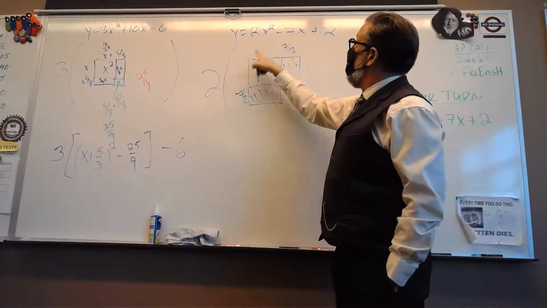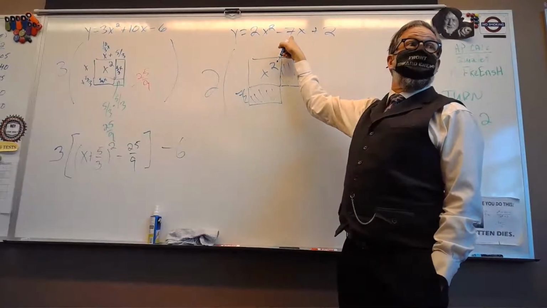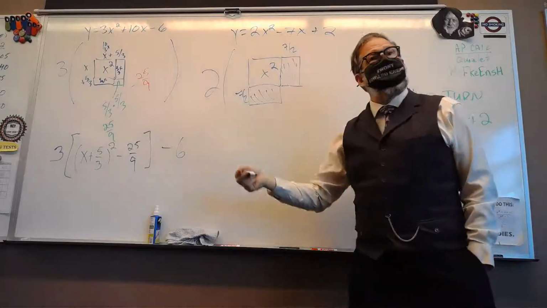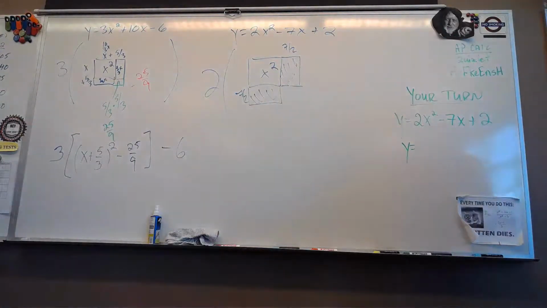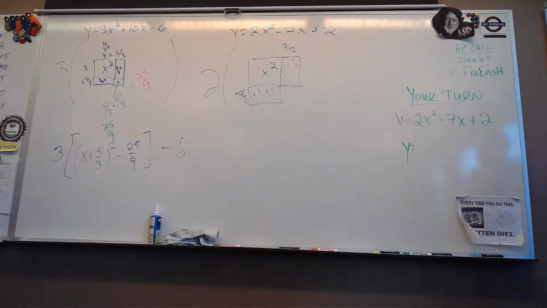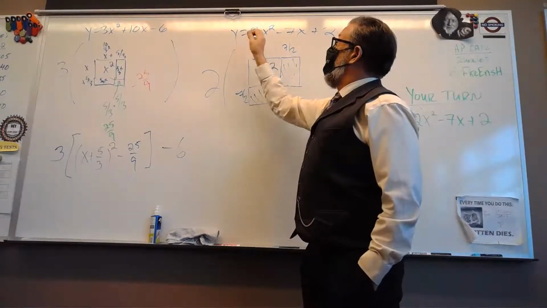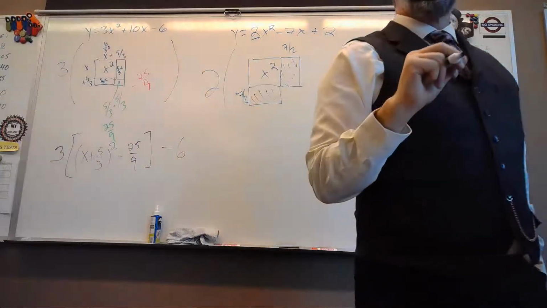But I'm going to make 2 of them, which means I would need 14 x's. I have to divide that by 2 and then divide it by 2 again. When I make the squares, I have to divide by 2. Before I can start making squares, I got to divide by whatever that leading coefficient is.